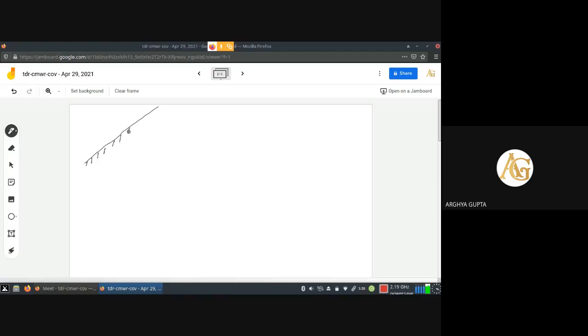Okay. And now an inclined plane is given. So this hatch line means that the plane is fixed. Now the body is there.